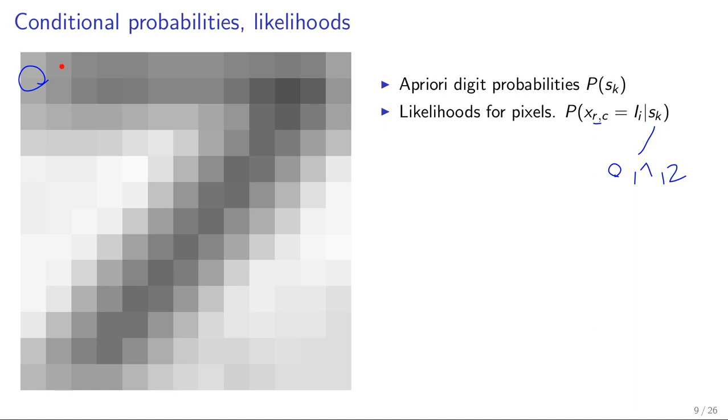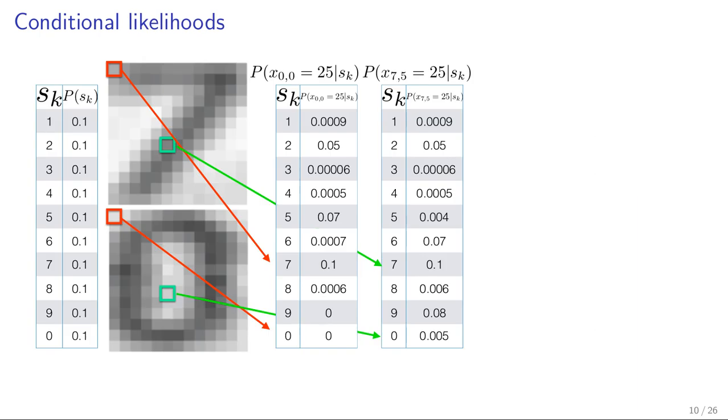You do it for every pixel and for every class. So you get basically tables like this. For the class, this is the prior. This is just the probability of the different classes, and in this case, it's uniform.